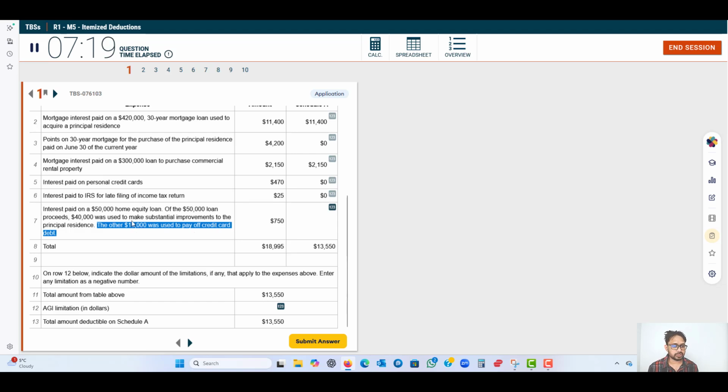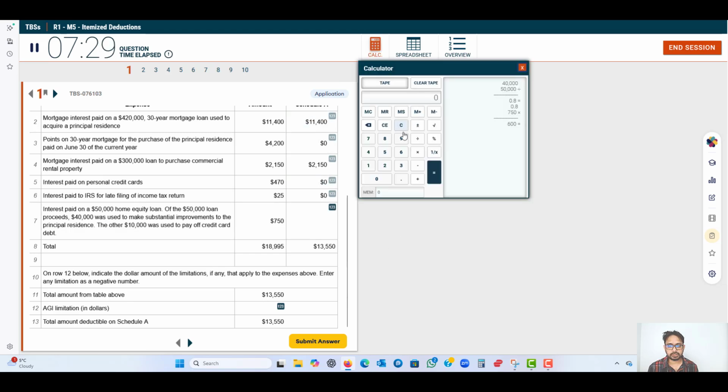Though interest on home equity is also personal, any type of interest related to your credit card is not deductible. So if we need to calculate everything, 40,000 is the total eligible amount. 40,000 divided by 50,000 is 80%, and 80% multiplied by 750 is a total of 600. So total 600 is the total eligible interest expense amount.